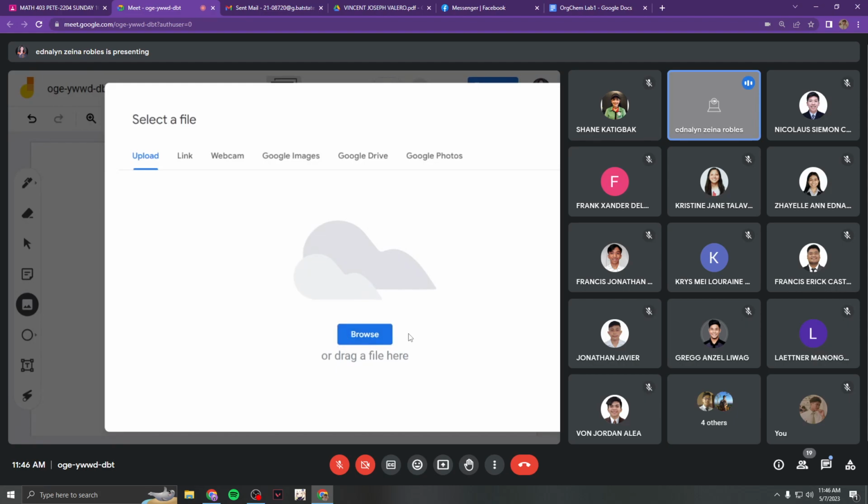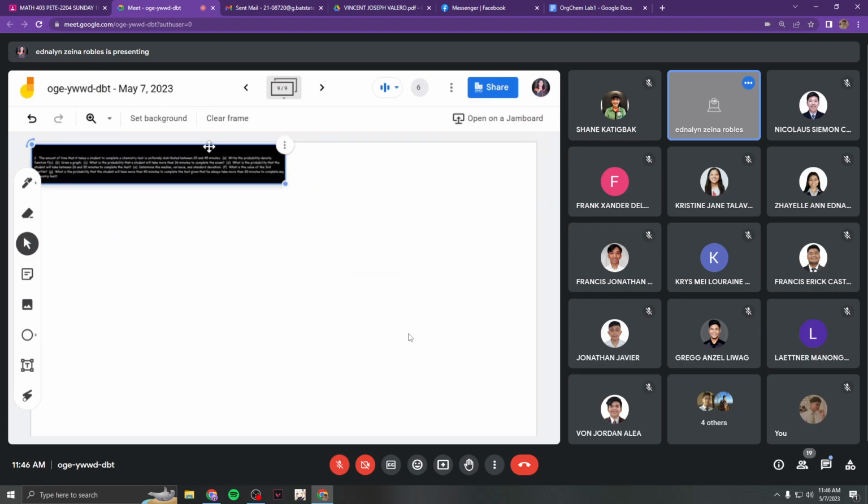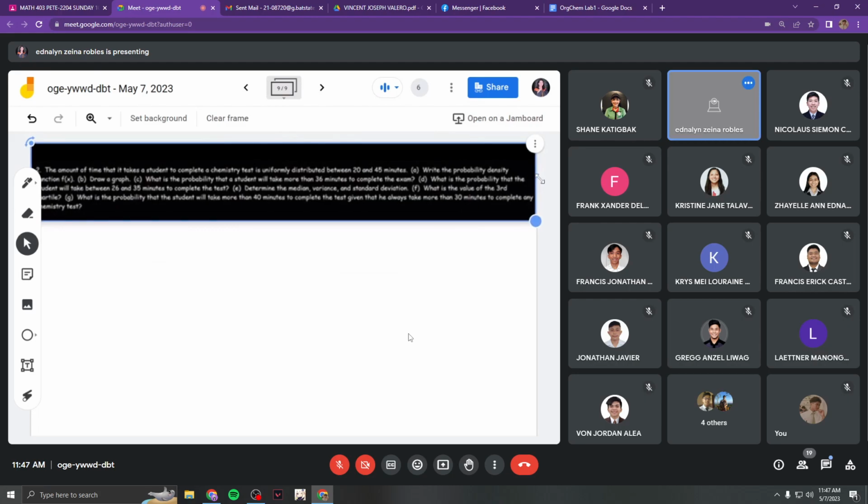Solve this problem for 10 to 15 minutes, and then we'll discuss your answers, or someone will present his or her answer to the class so that the class knows.